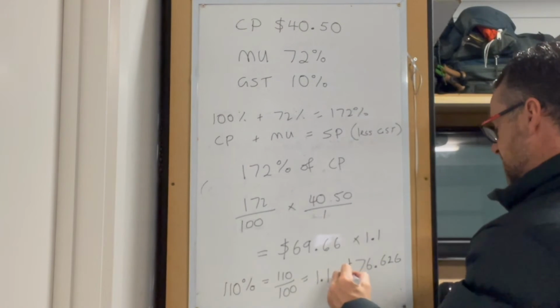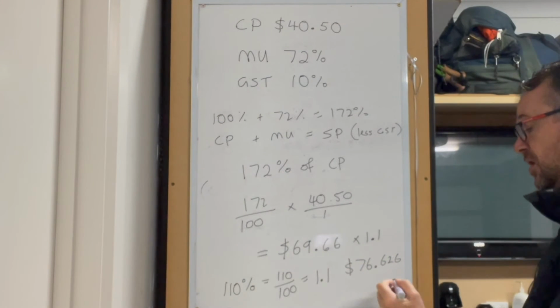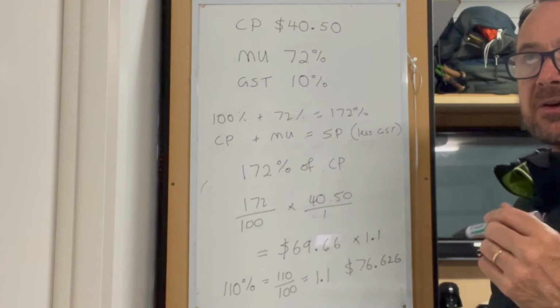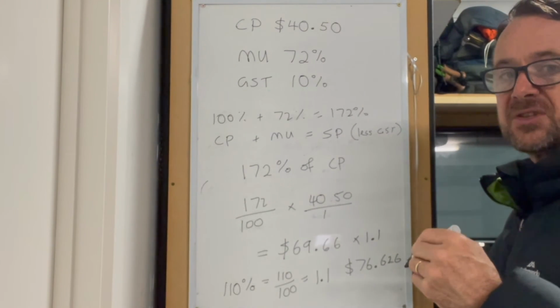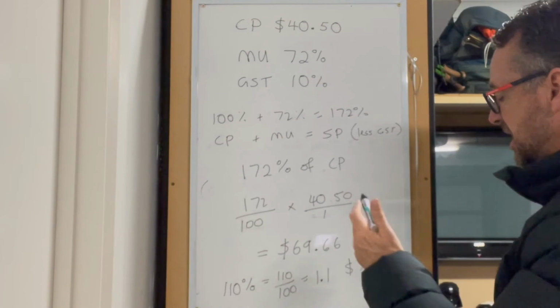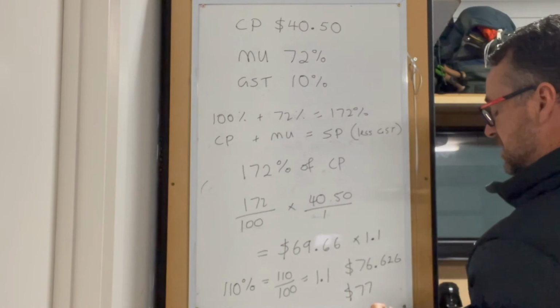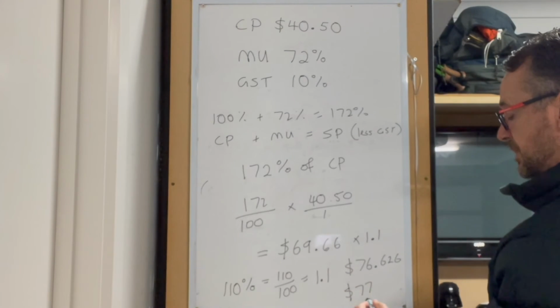And then the question says to round it off to the nearest whole number. You've got to remember this is a selling price, so they're going to go for the price that they want from a marketing point of view. So that would become then $77 as the nearest whole number.